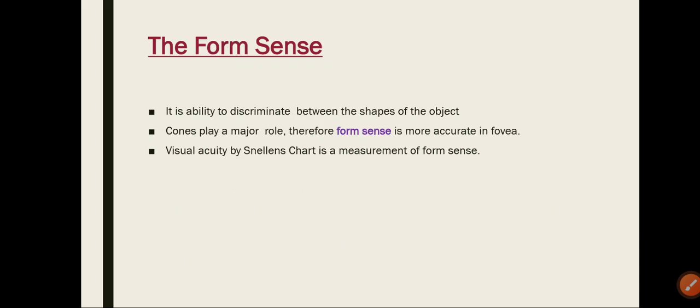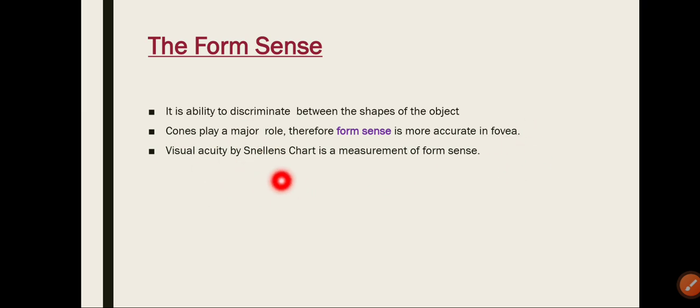Next is form sense. It is the ability to discriminate between the shapes of objects. For this, cones play the major role. Therefore, form sense is most accurate in the fovea.